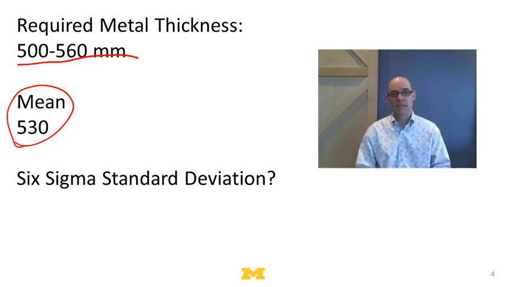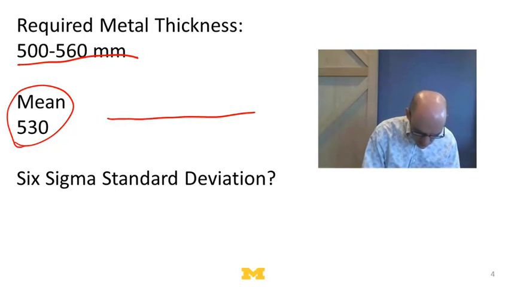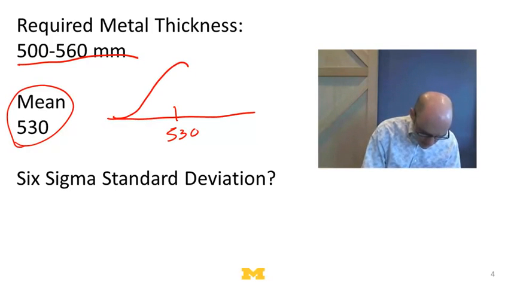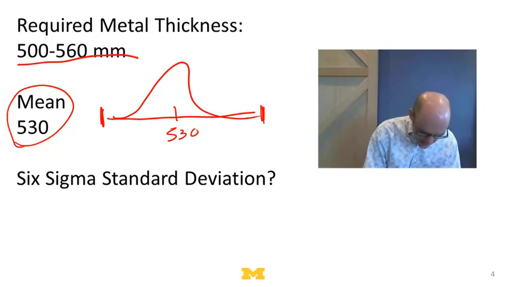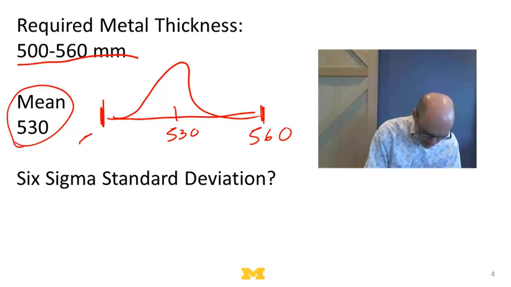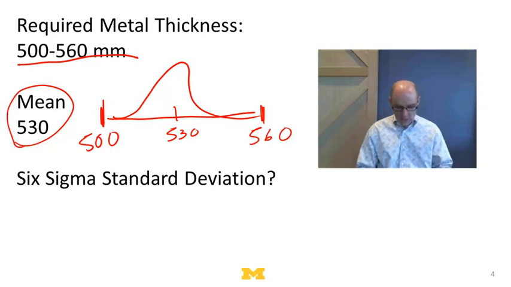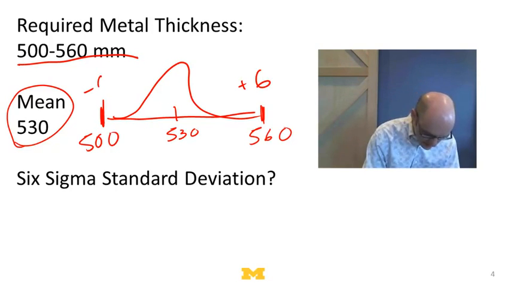But now I want it to be the case that even with a 6 sigma event, I'm still going to be okay. This isn't very hard to figure out. Here's my distribution. 530 is the mean, and I'm going to have a bell curve. It's not a very good bell curve. But I want anything within 6 sigmas to be okay. So 560 to 500 has to be my 6 sigma range, plus 6 and minus 6.